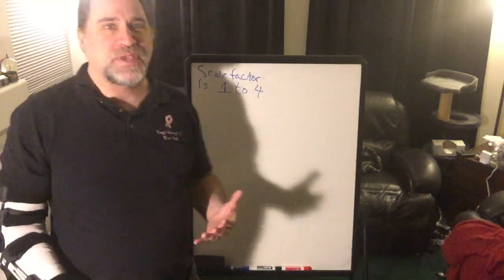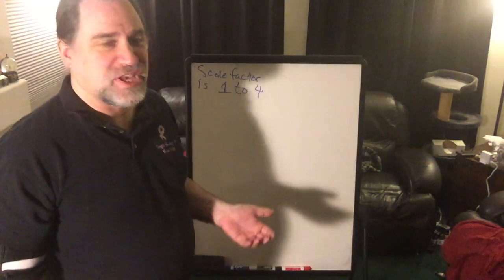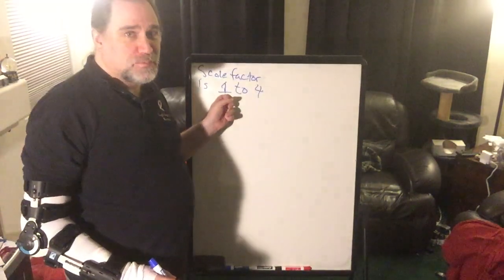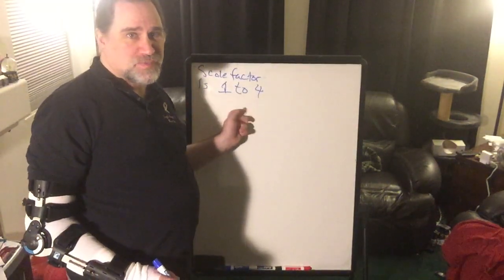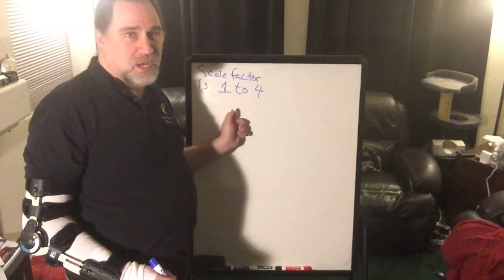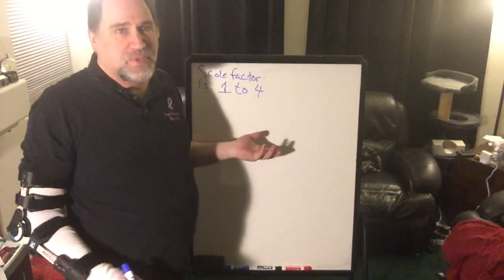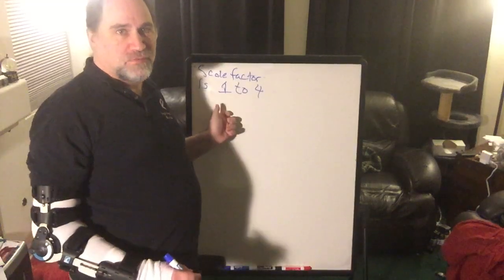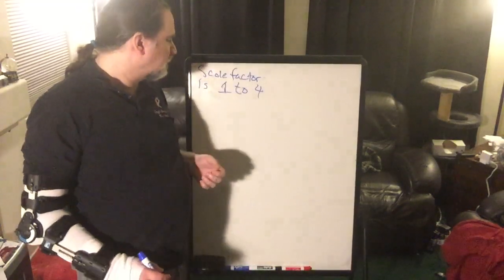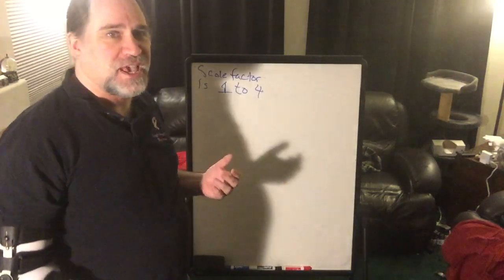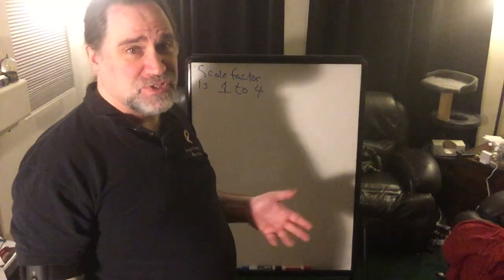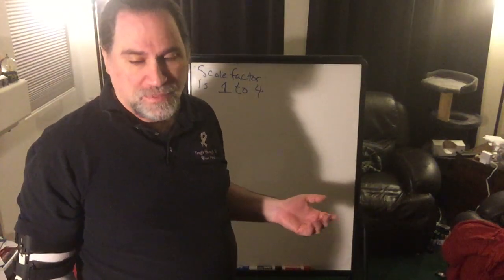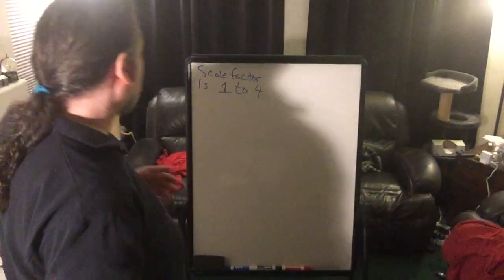And without being too obvious: smaller drawing, bigger drawing, smaller shape, bigger shape, model, real thing. Obviously 1 inch here is 4 inches there, 1 foot here is 4 feet there, and so on. So we're going to have to know what the scale factor is before we even start, if that's what we're working with.